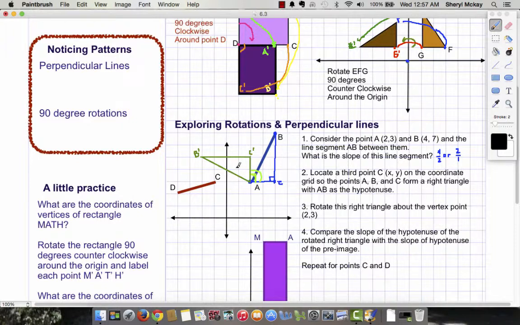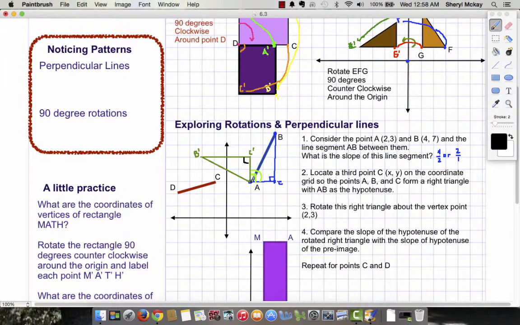Because notice that we now have our right angle, and our hypotenuse is still AB, but it's now AB prime. Okay, so here's our hypotenuse. What is the slope of this new hypotenuse, AB prime?